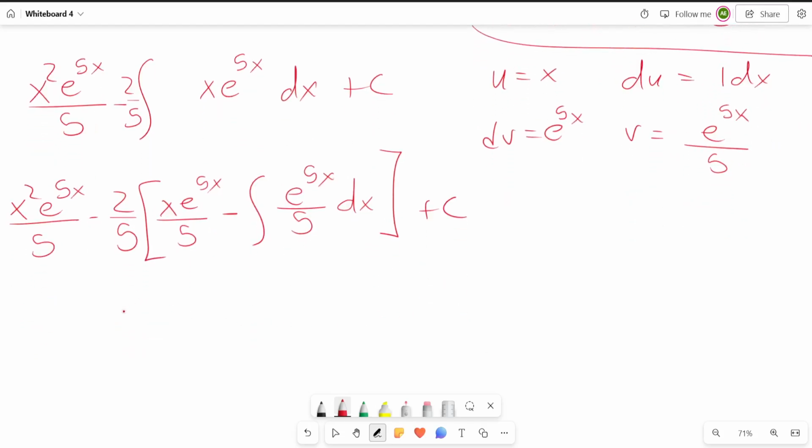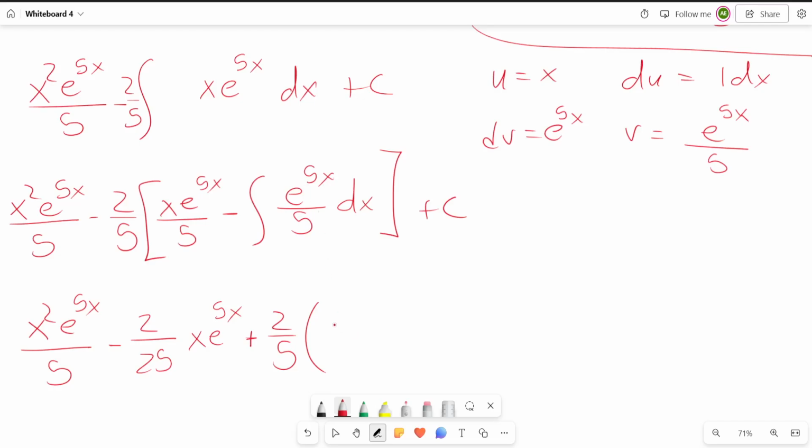Okay, so over here I can write it as x squared e to the power of 5x over 5. I can distribute this negative 2 over 5, which is going to become negative 2 over 5 times 1 over 5, is negative 2 over 25 x e to the power of 5x, minus negative 2 over 5 times minus 1 is going to be plus 2 over 5 into the integration of this part over here.